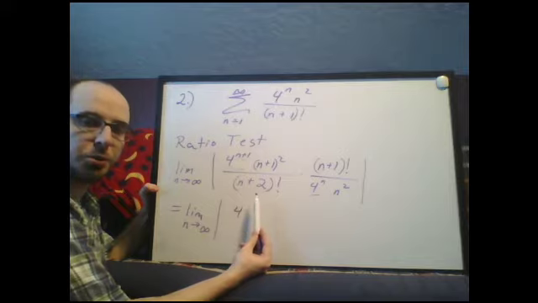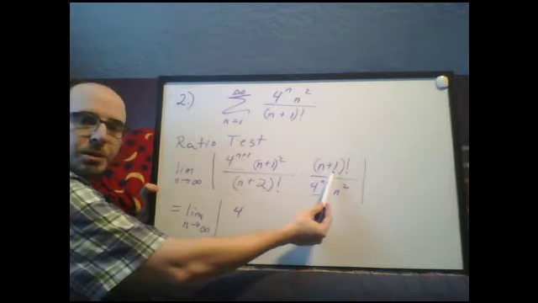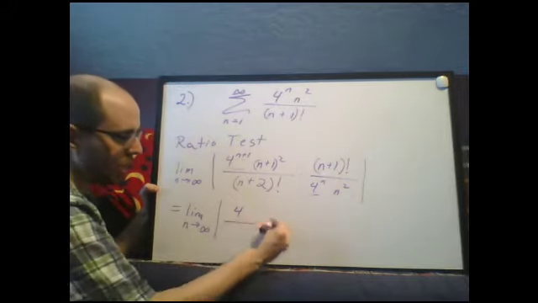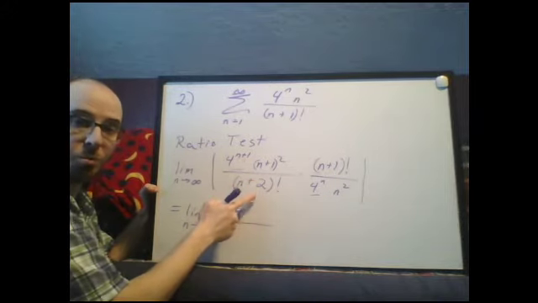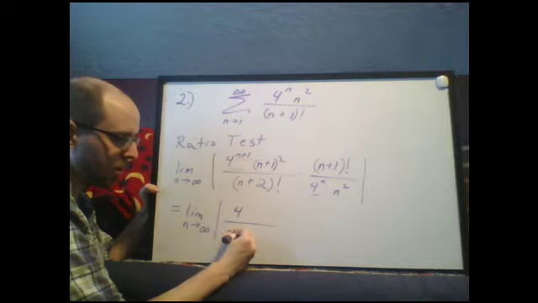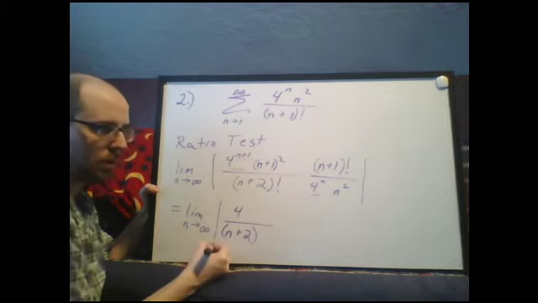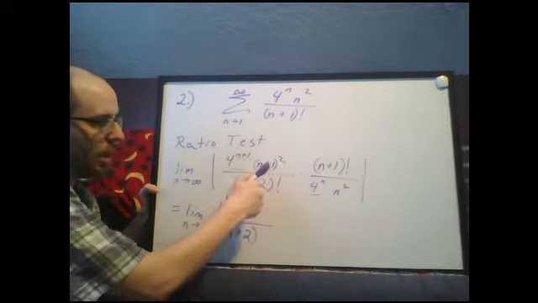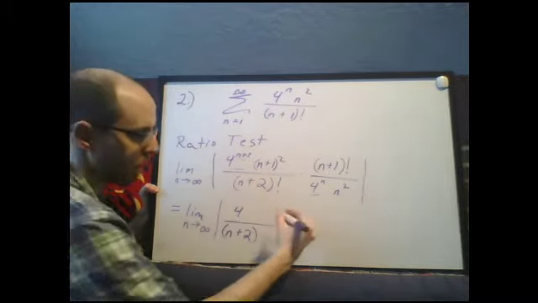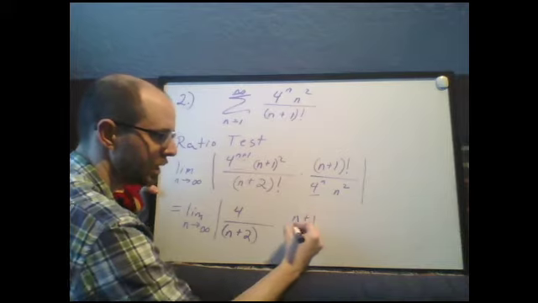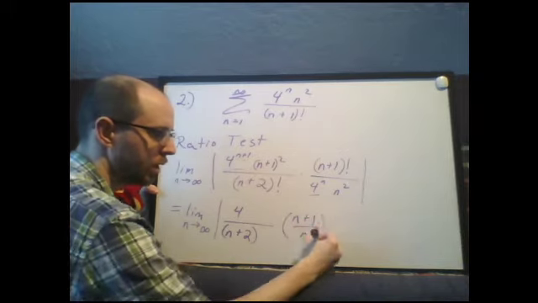N plus 2 is 1 bigger than n plus 1. So if I cancel, these have all the same factors except for the n plus 2 has one extra factor, n plus 2. And then the polynomial part, n plus 1 squared divided by n squared, that doesn't cancel, but that's n plus 1 over n quantity squared.